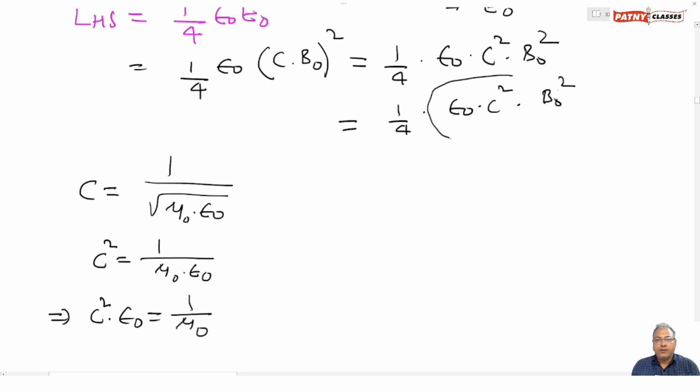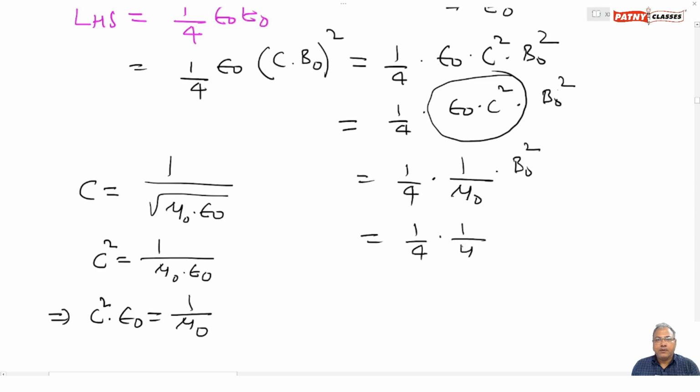In this equation, in place of epsilon naught into C square, we can replace it by 1 upon mu naught. Therefore, 1 upon 4, replacing epsilon naught and C square by 1 upon mu naught, so 1 upon mu naught multiplied by B naught square. This equals 1 upon 4, 1 upon mu naught multiplied by B naught square.